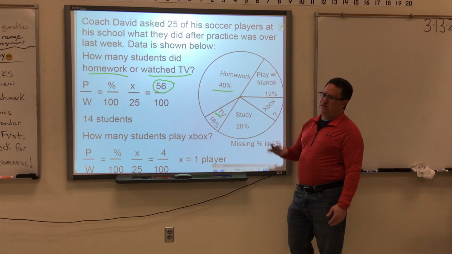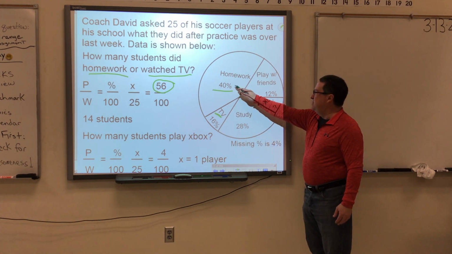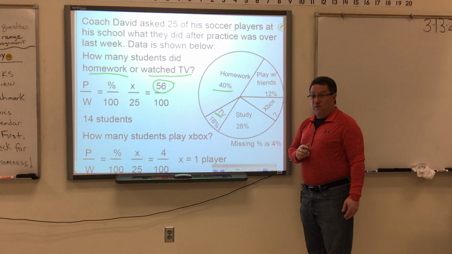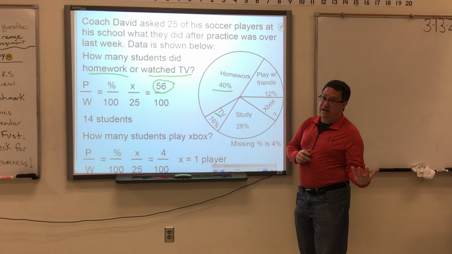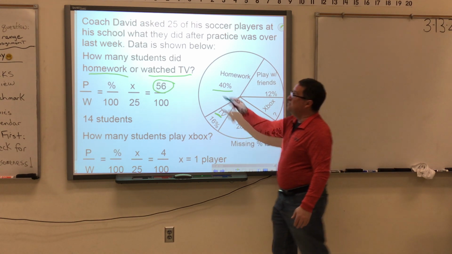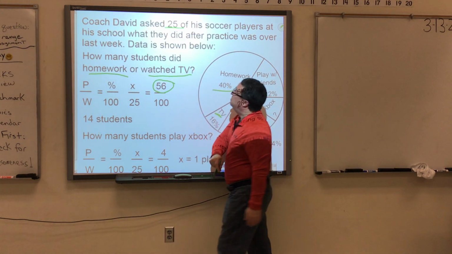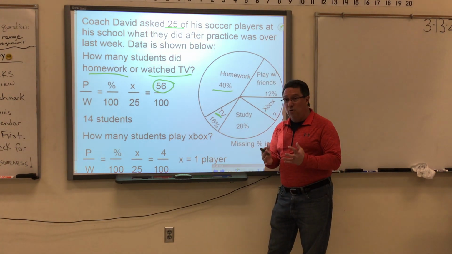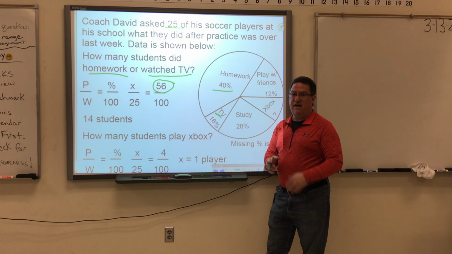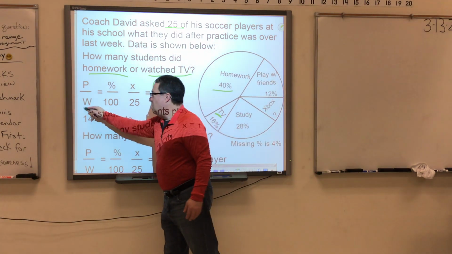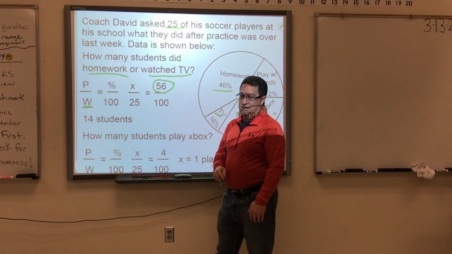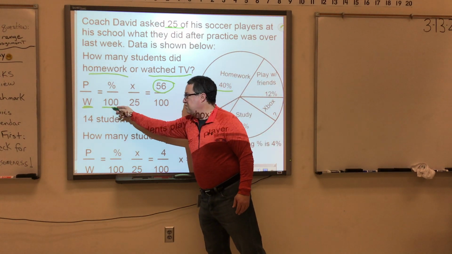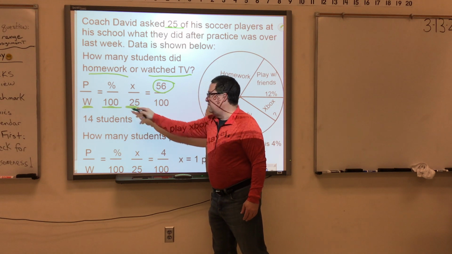Homework and TV, and we want to know how many students did their homework. When you look at your circle graph, the circle graph is percentages. It's not students. So we have to convert the percentages to students. Coach David asked 25 of his soccer players. That's the total amount of soccer players that he asked. That's the whole amount. So remember, when we do ratios and proportions, whole percent, whole number.